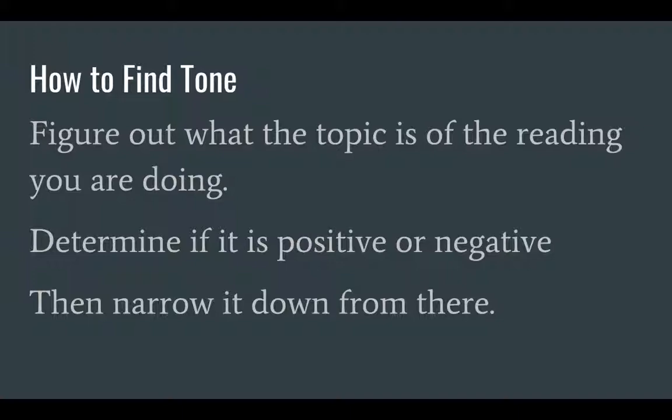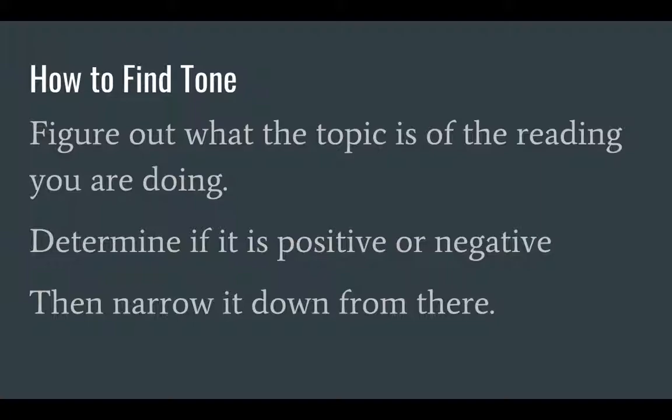Then you can go in a lot of different directions, because there are a lot of negative words and a lot of positive words, as you'll see in a little bit. So basically, I know it sounds negative, but which direction in the negative way is it going?